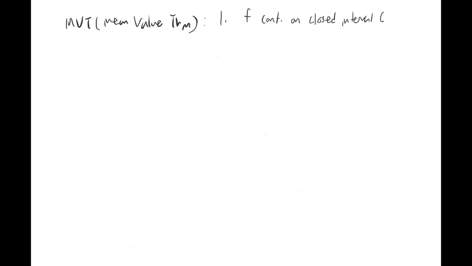So the mean value theorem, if you don't know what it is already. 1, f is continuous on the closed interval [A, B]. 2, f is differentiable. So this is a bit stronger, right? On the open interval A to B.